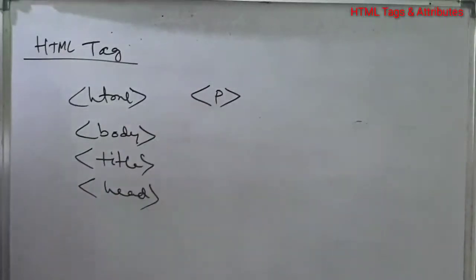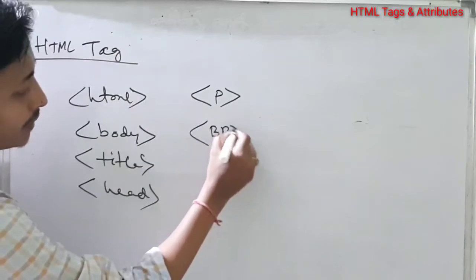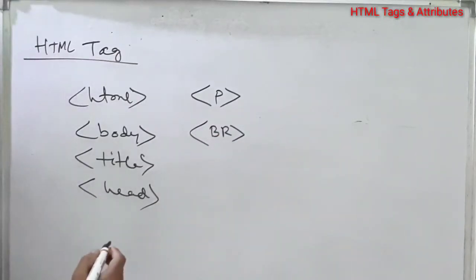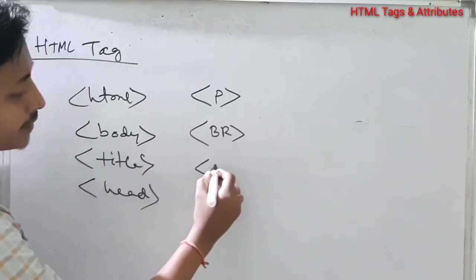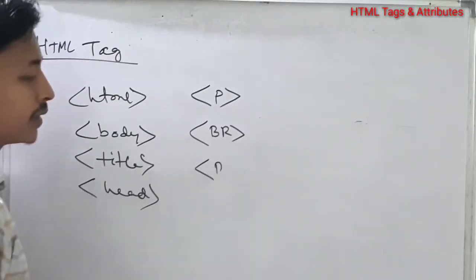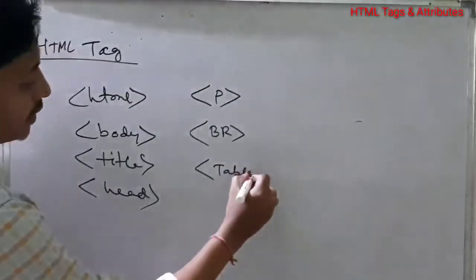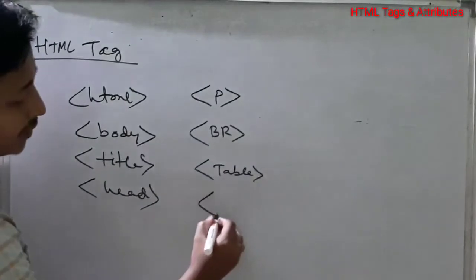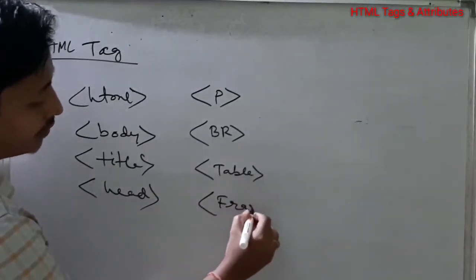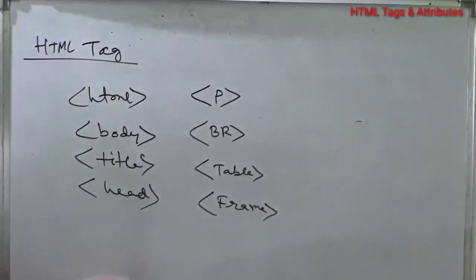P means paragraph. Again, BR means break the line. Table is the table tag. Frame is a tag used for creating a frame. So these are the tags available in HTML.